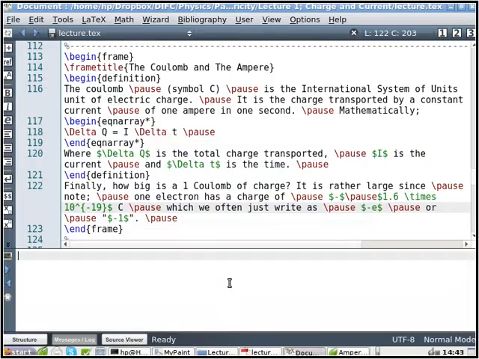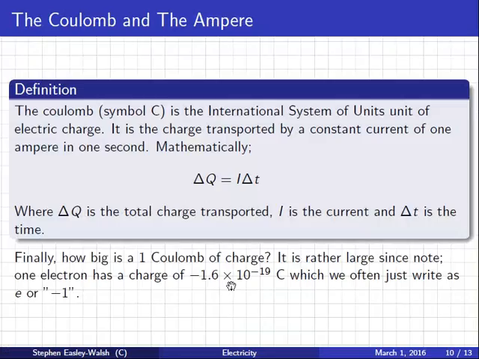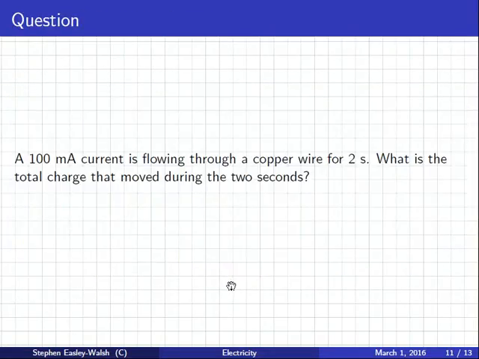Shift 7 and then 23. Did you get the E on the calculator? We have to add the negative for an electron, and for a proton, you leave it like that.